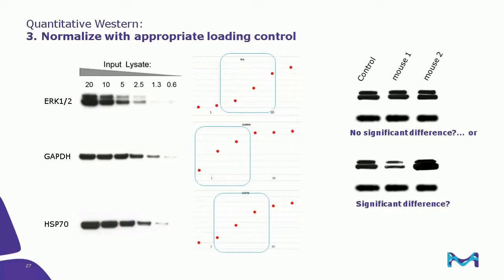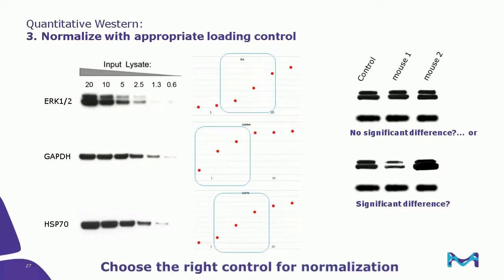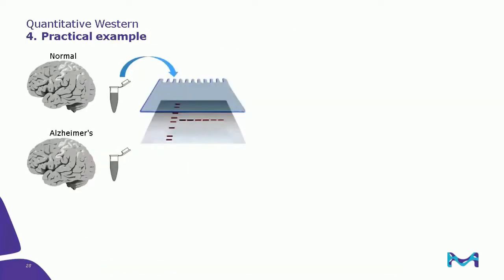I think in a case like this, identifying a proper loading control can give you confidence in your results, particularly if you're dealing with small yet statistically significant differences, say 30 to 40%, between your control and experimental samples. So please always check and ensure that you're using the right loading control for normalization.